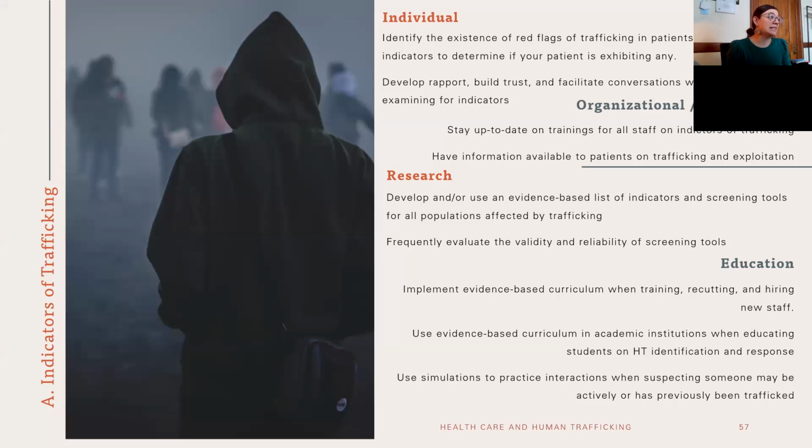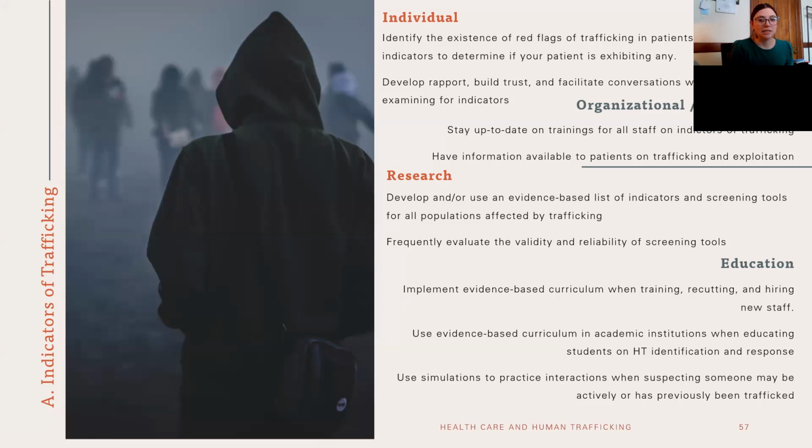So when we look at the indicators of trafficking, it is again broken down into the 4 categories. So we have individual, which is identifying the existence of red flags of trafficking in patients and using those indicators to determine if your patient is exhibiting any.